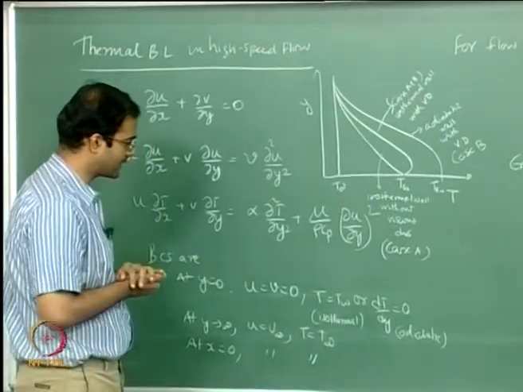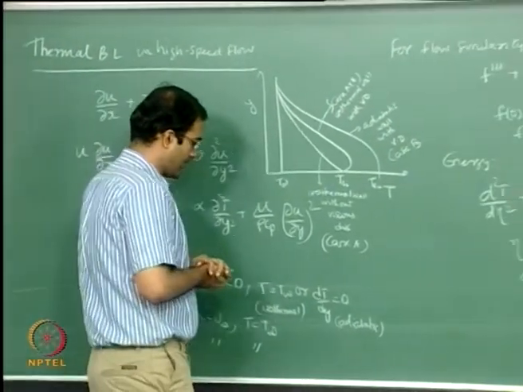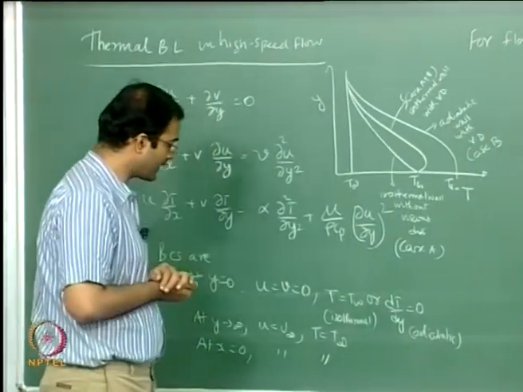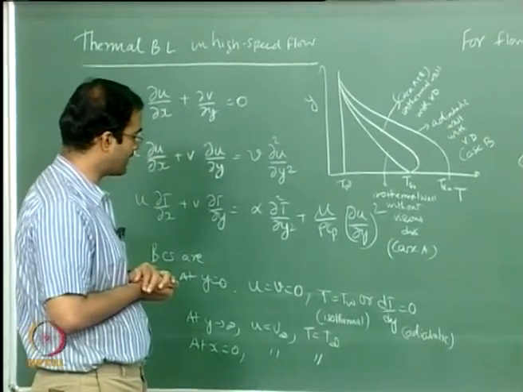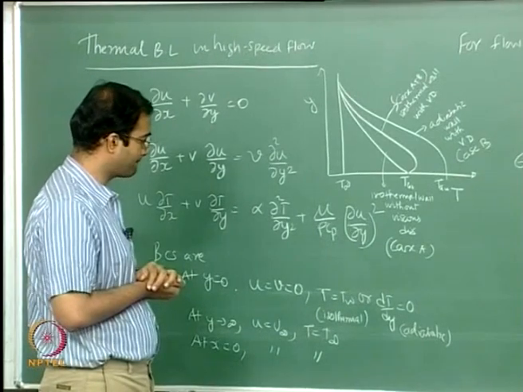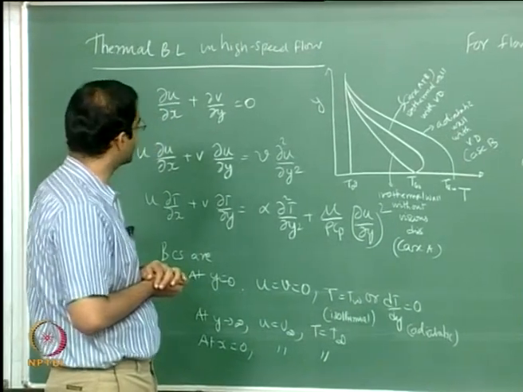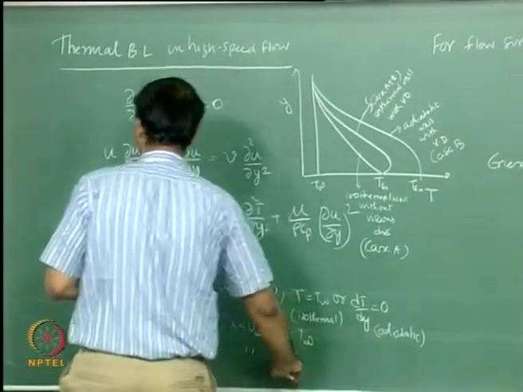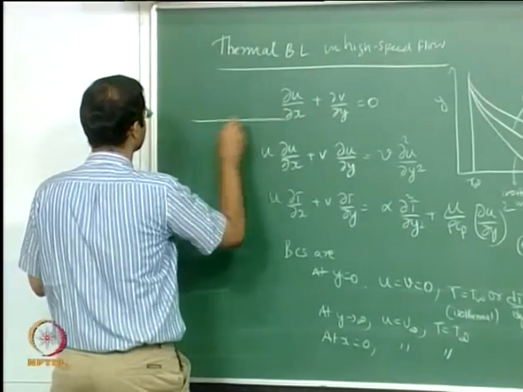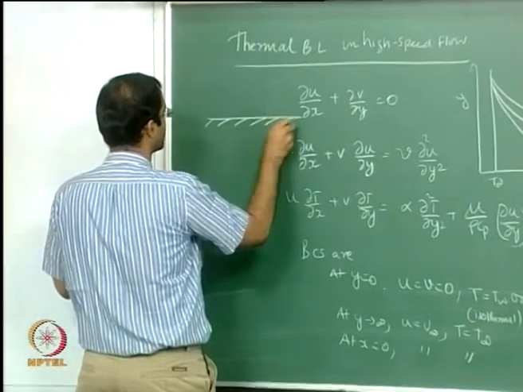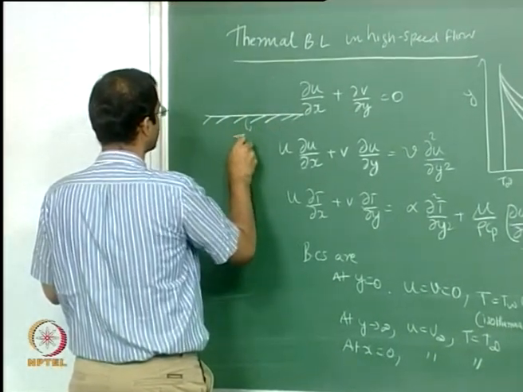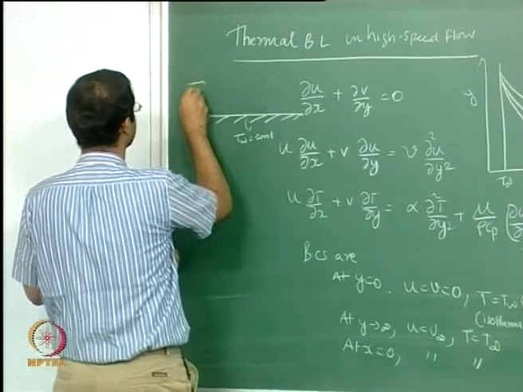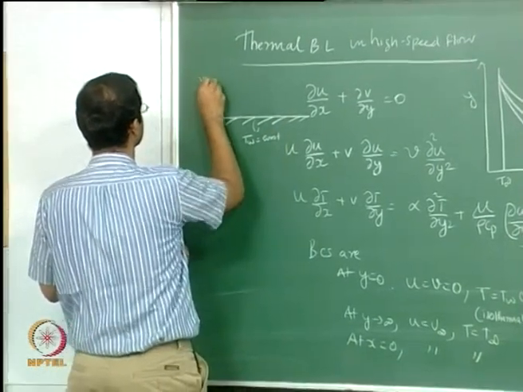For the flow it is very straightforward. As far as the temperature is concerned, you can have two conditions. One, you can have an isothermal wall, and in fact this is what we are going to see in this particular case. We are going to consider a flat plate where the temperature at the wall is isothermal, it's constant, and you have a very high speed flow.